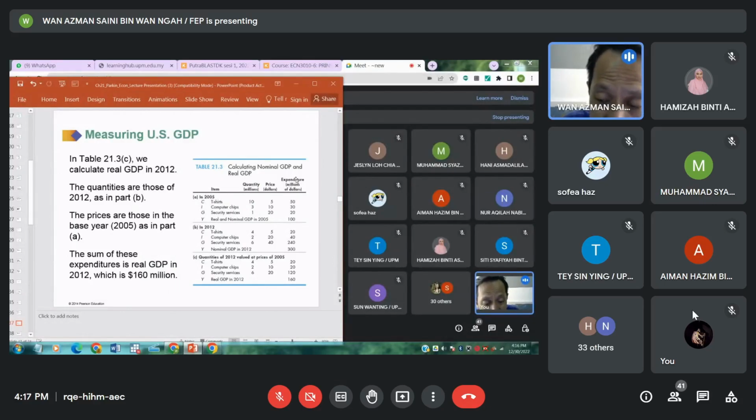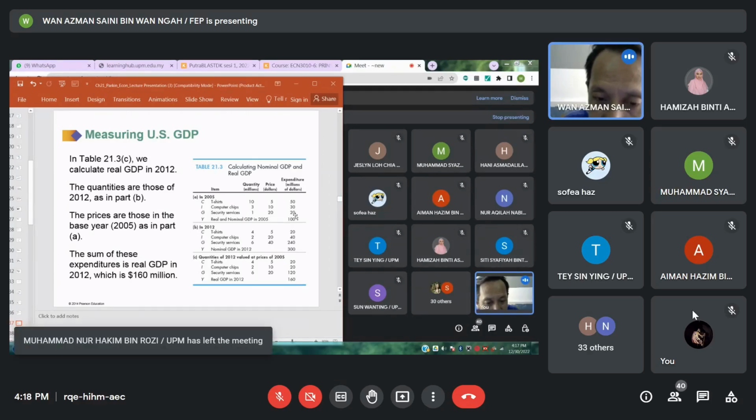If you compute the market values, for T-shirts it is 5 ringgit multiplied by the quantity, so you get 50 millions. 30 millions for computer chips and 20 millions for security services, and then you total up to get GDP, which is equal to 100 millions for 2005.